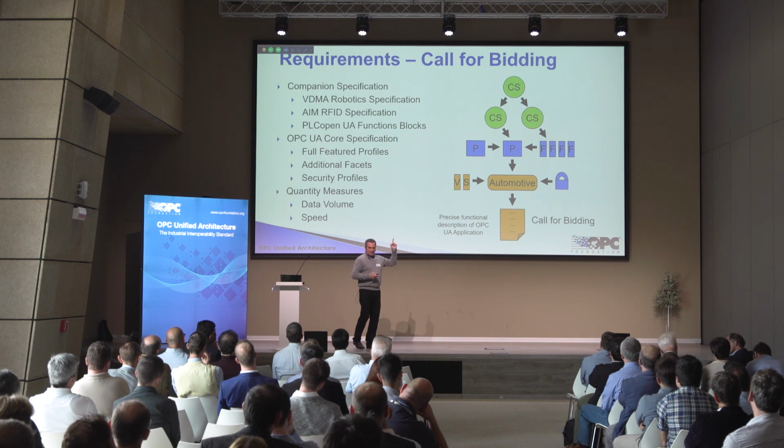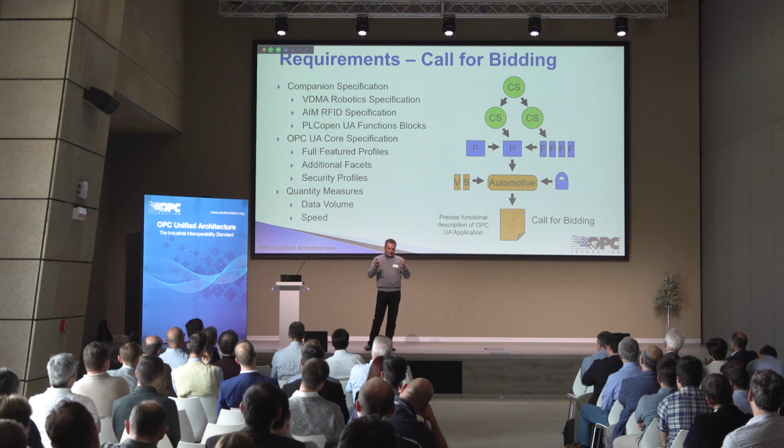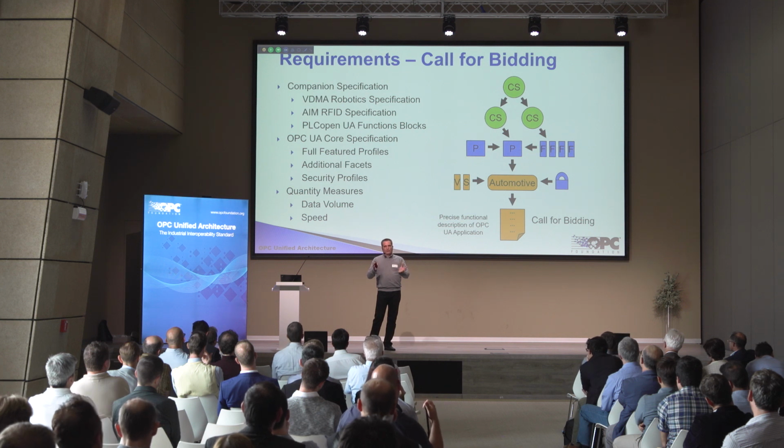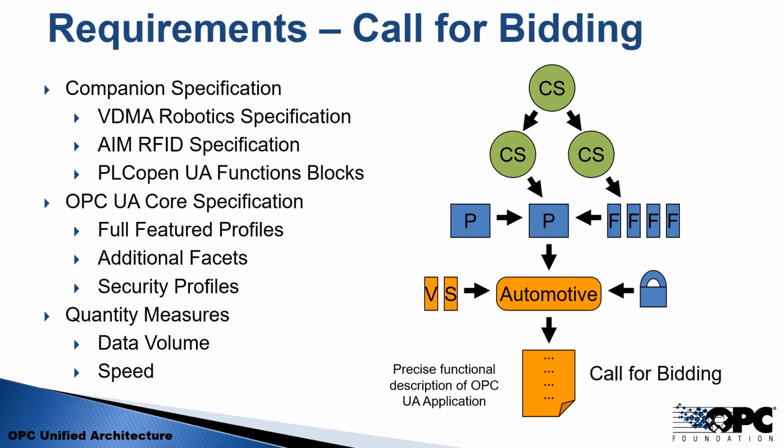By the way, companion specs can be grouped, so one companion spec can be derived from another one. The companion specification of the robots already includes the device specification because a robot is also a device. With all those, you get the list of profiles and the facets, and then you have, for example, your automotive device, an OPC server used in the automotive industry, which should have the capabilities listed here.